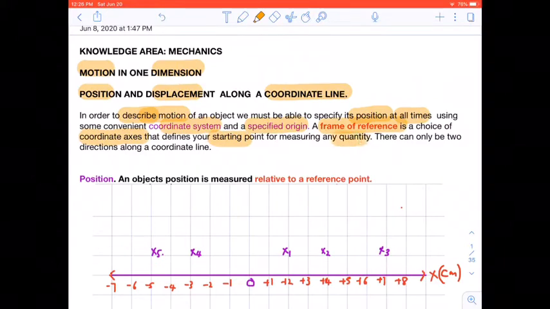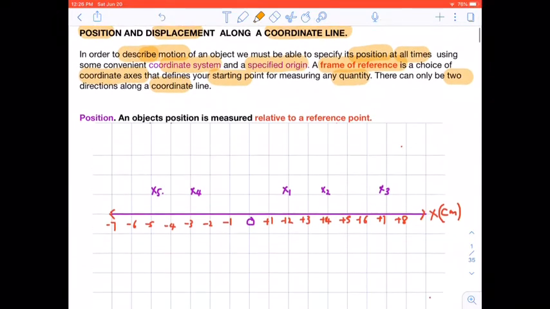Could be force, displacement, and there can only be two directions along a coordinate line, because you're dealing with motion in one dimension. If we're dealing with the x coordinate line, then it's motion towards the right or motion towards the left, and a y coordinate line, then it's motion up or motion down.